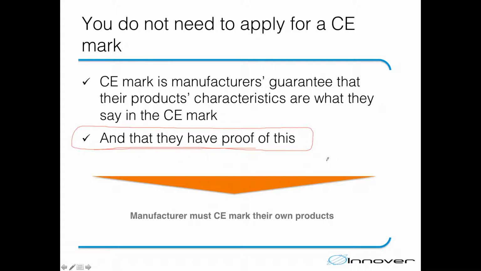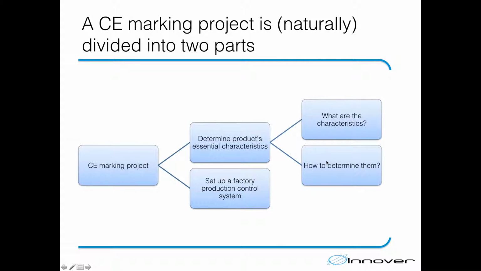But in essence, a CE marking project is divided into 2 parts. So first we have the thing about determining the product's essential characteristics, and these characteristics are those that are presented in the CE marking as a list. So we have the CE mark, and then we have the list of characteristics that are given out in the CE marking.